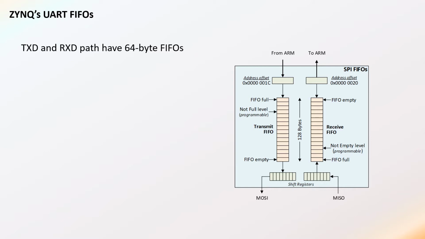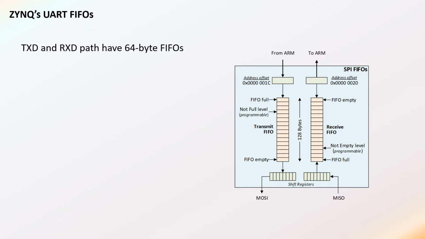You can configure the SPI controller to automatically start working as soon as you write a data point into the FIFO, shifting it and sending it out of the SPI port. And when data comes in, of course, it'll be automatically parallelized and placed in the receive FIFO, and then you have a couple of ways of being alerted that new data is ready.